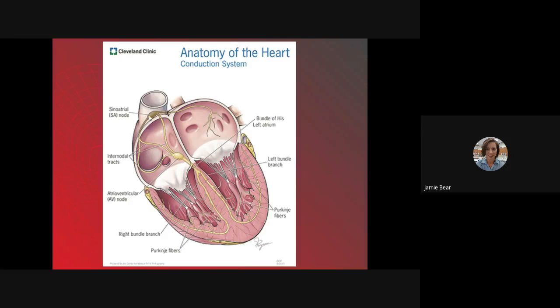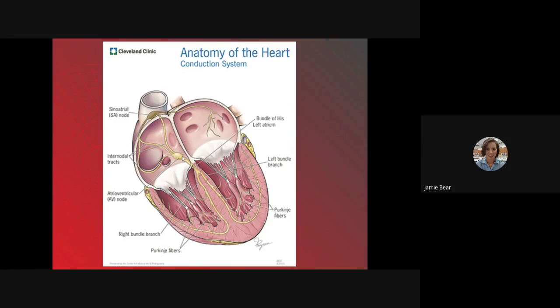So of course, if the action potential starts here in the SA node, we would have a nice rate of 60 to 100 on average. If for some reason the SA node isn't working and it starts down here at the AV node, the heart will contract slower.